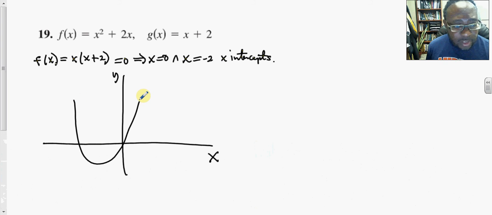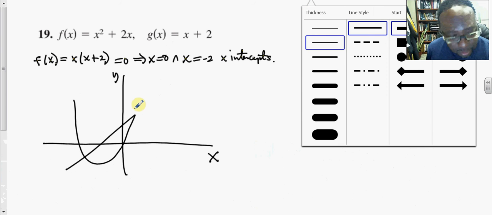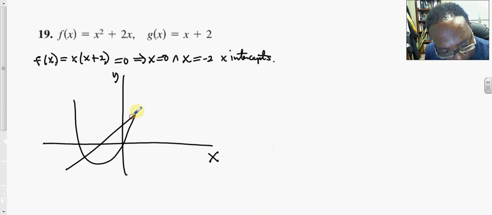This guy is doing something like that. And then, so that was for f. So what about g? Well, g is a function that is progressing upward, is increasing. So it has a y-intercept at 2. Then it's going to shift like this. I guess I need to erase that f and put it on the other side. That's pretty cool right there.